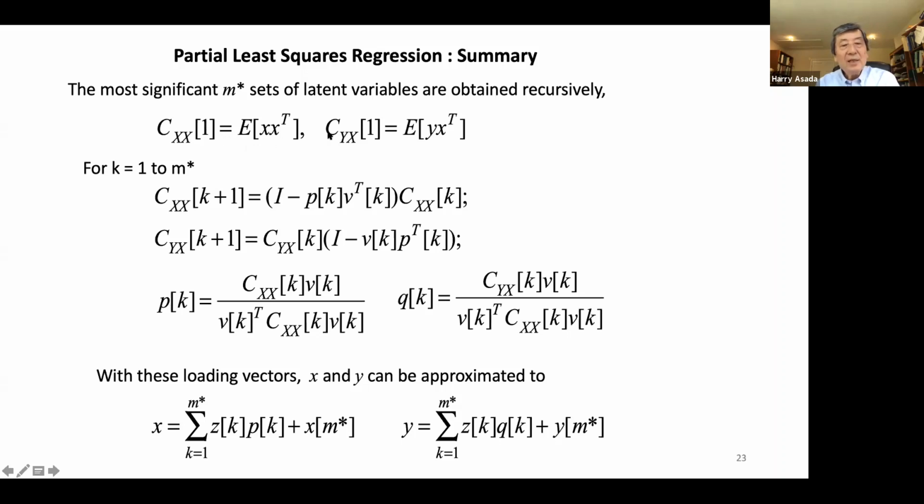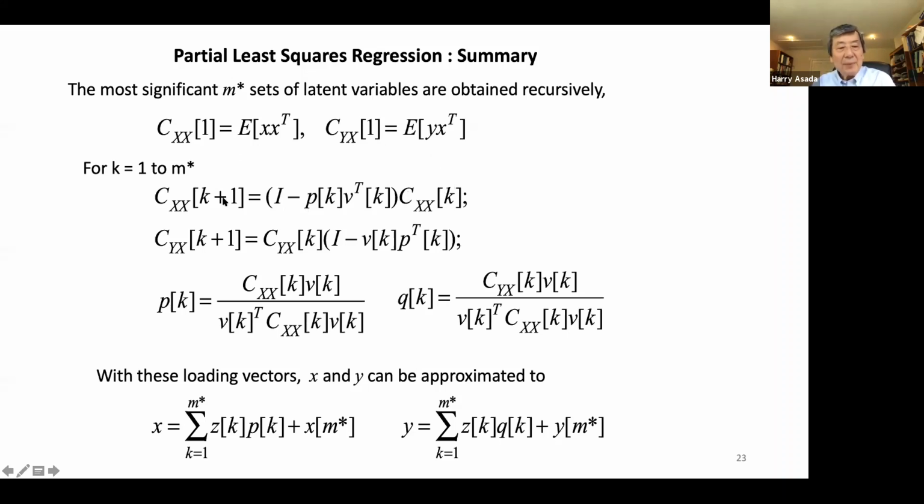For this, you compute the singular value decompositions and find the set of latent variables for the first round. After completing that, going to the second round, k equals 1, CXX2 equals this times CXX1. Recursively, you compute this, because that is the equation we have just obtained.